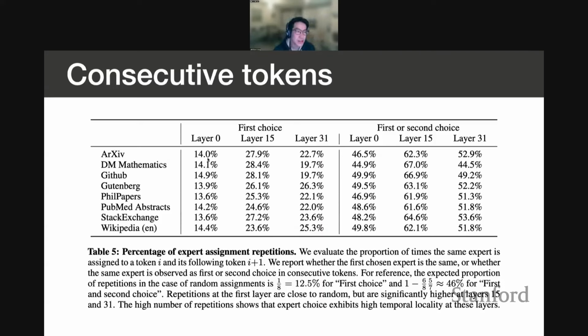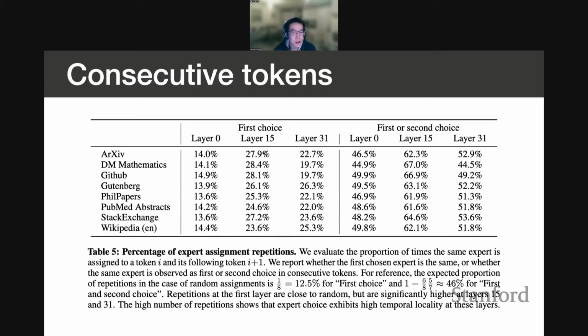Random chance assignment will give you 12.5% in terms of how many of the tokens that are assigned to expert I get the next token also assigned to expert I. We can see that at layer 0, this is slightly higher than random, but at layer 15, this is significantly higher than random.